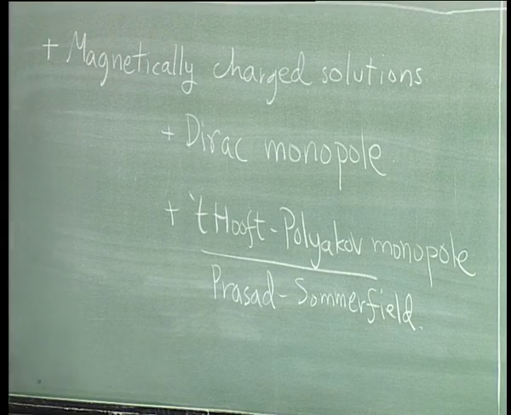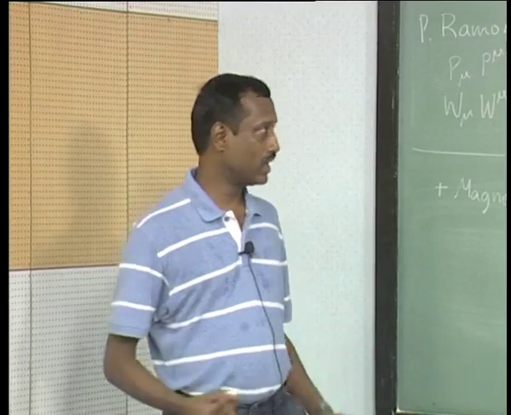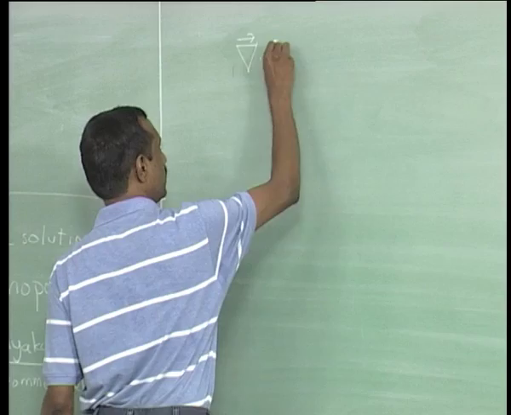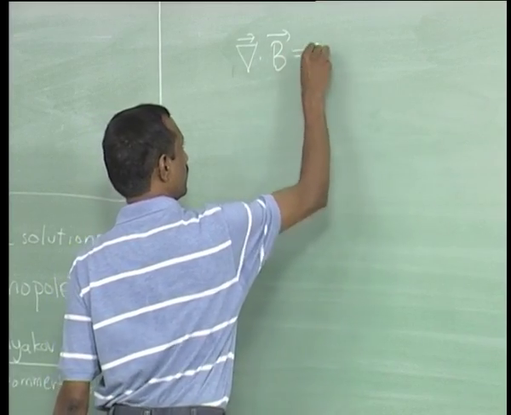It is kind of counterintuitive. We know that we do not see anything which carries magnetic charge, and that is reflected in Maxwell's equations, which we write out as del dot B equal to 0.